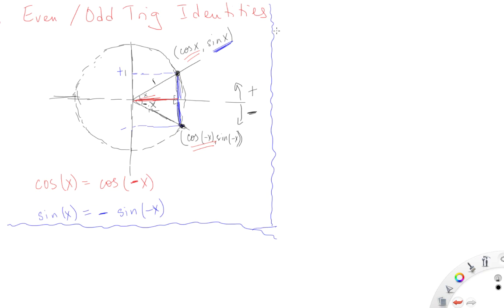So the first identity says that tangent of negative x is equal to minus tangent of x. How are we going to prove this? Well, let's start with the basic definition of tangent, which is the opposite side over the adjacent side.